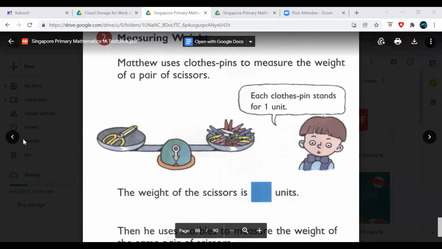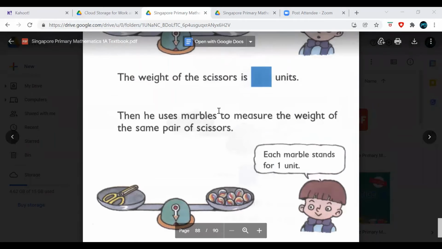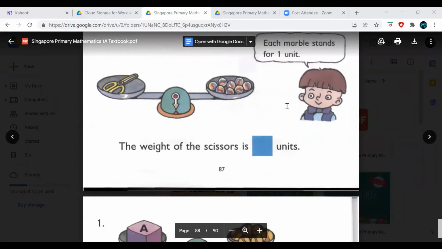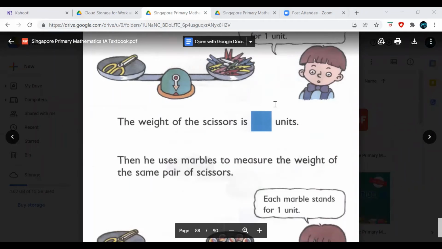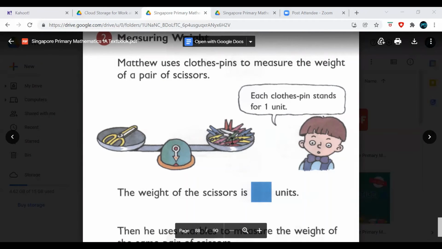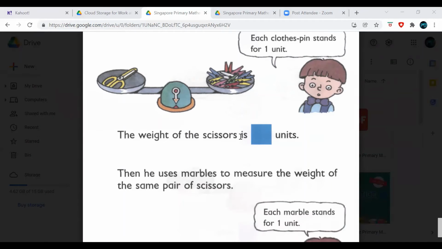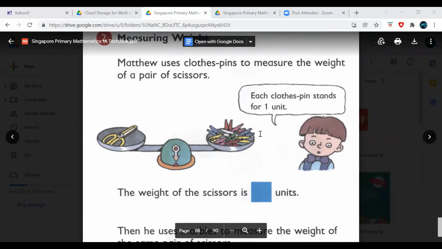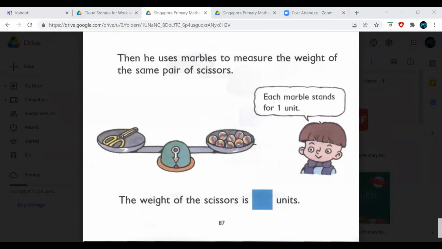The weight of the scissors is how many units? 10 units. Let's see, 1, 2, 3, 4, 5, 6... Yeah, 10. Nice job. Okay. Yeah, so the weight of the scissors is 10 units. Now, instead of having clothespins as a unit, now we're going to have marbles again.